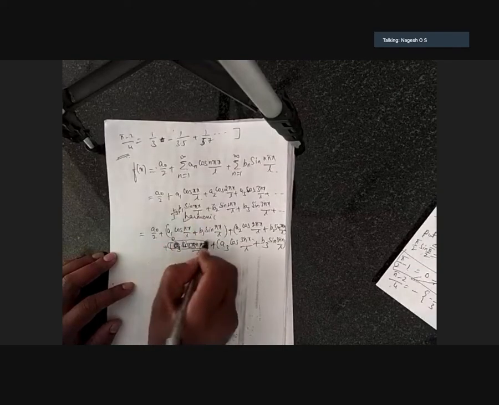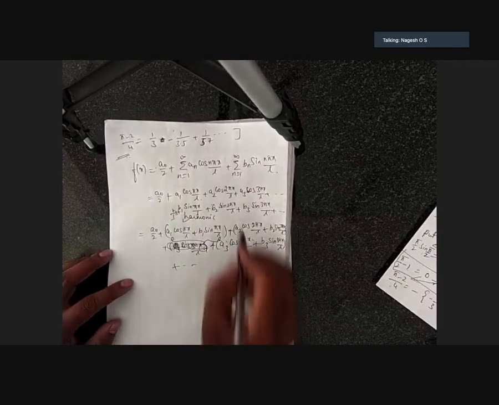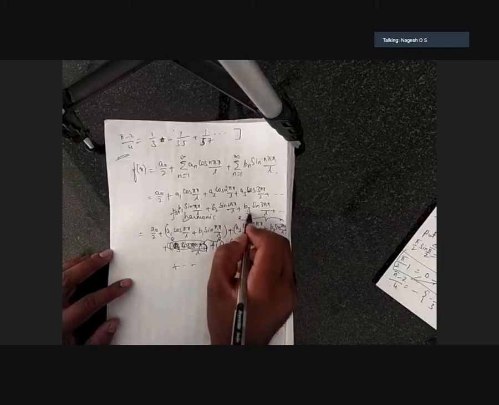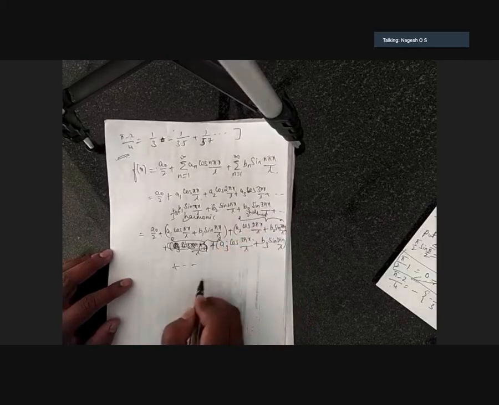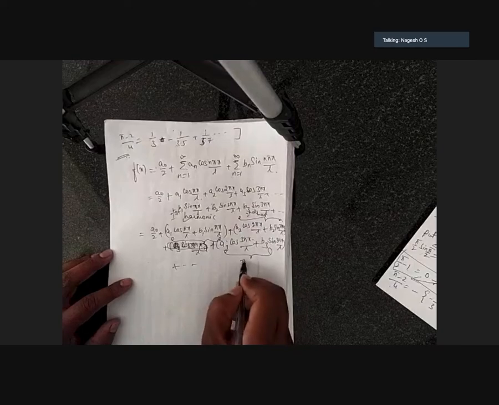This term is called first harmonic. Similarly, this term is called second harmonic, and this term is called third harmonic.